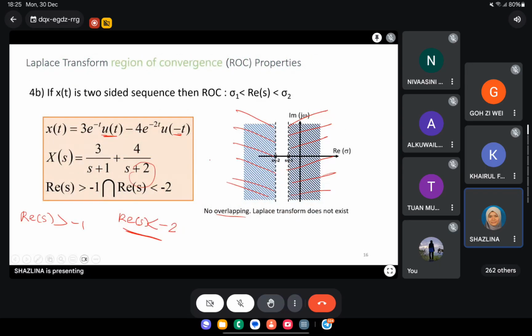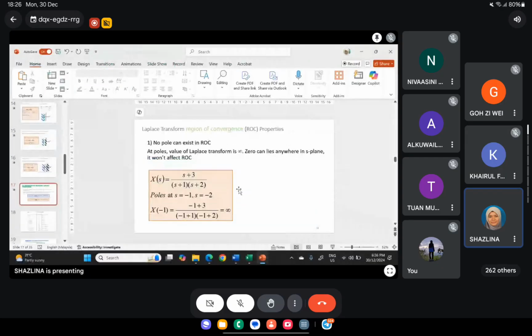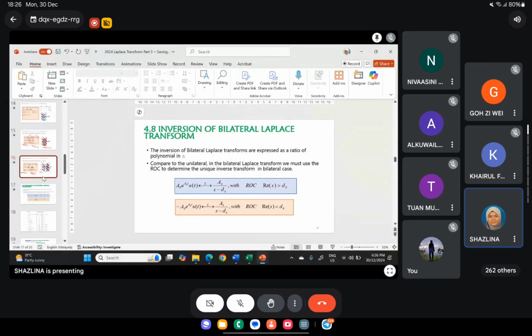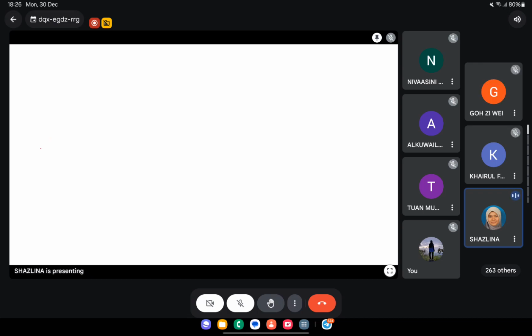Okay? So you have to remember, let's recap a little bit. If it's a right-sided, meaning u(t), the ROC real s has to be bigger than the poles.